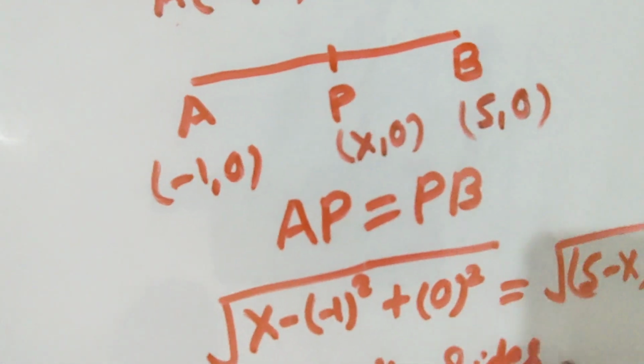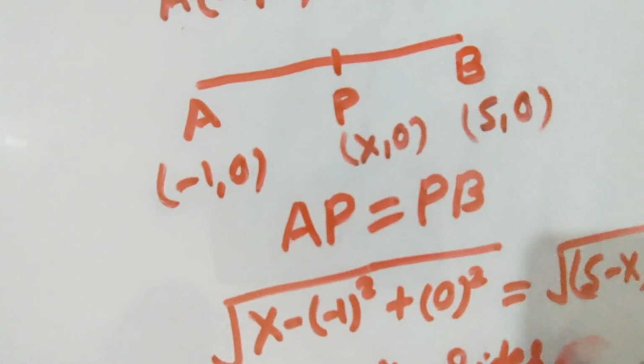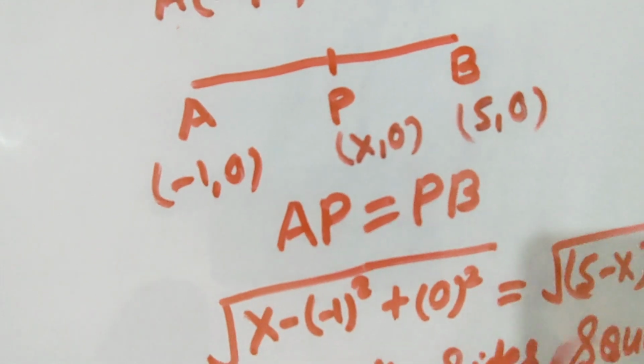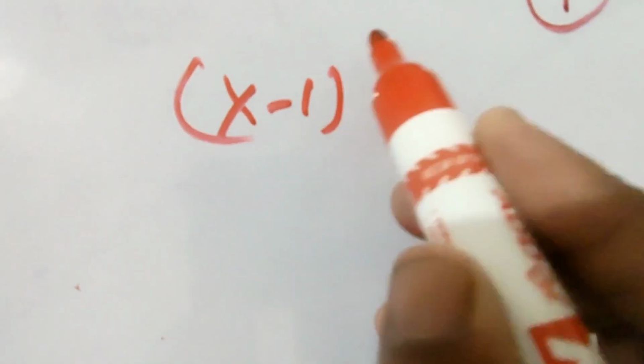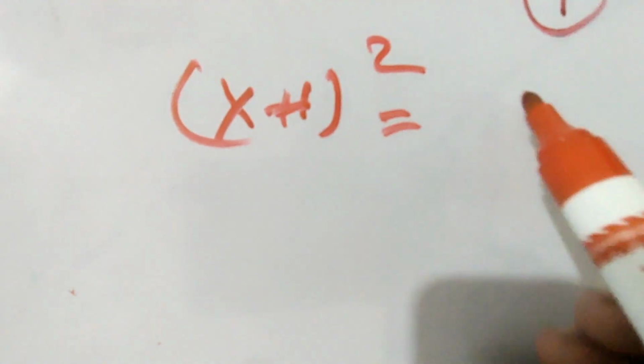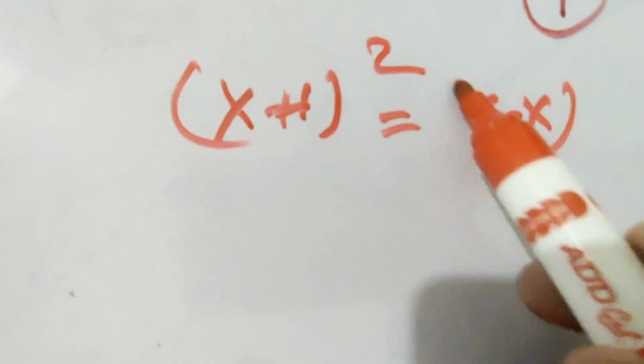Squaring both sides, we get (x plus 1) square equals (5 minus x) square.